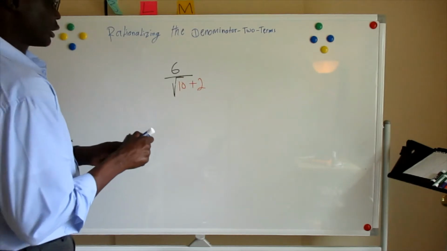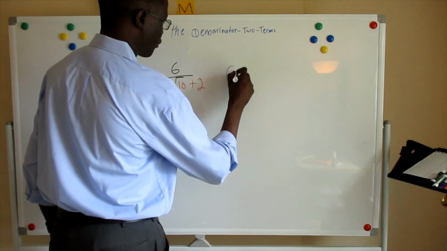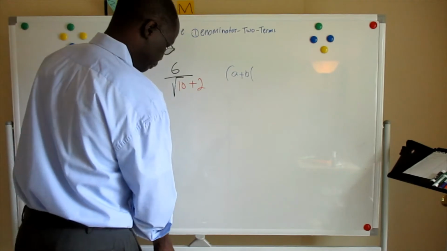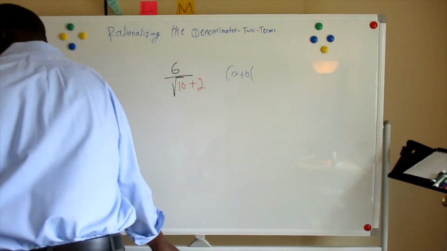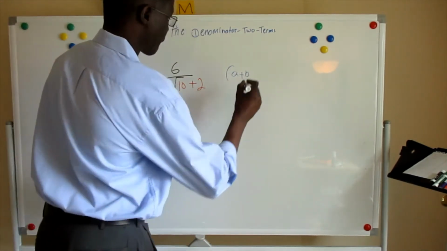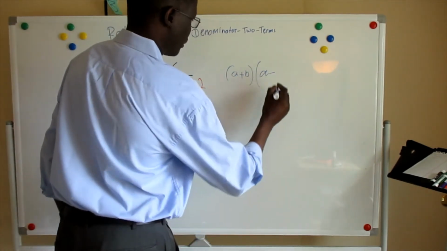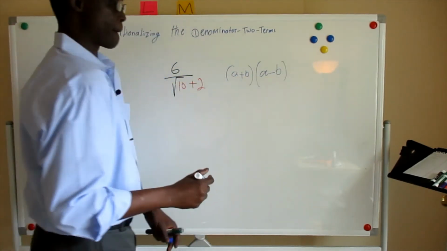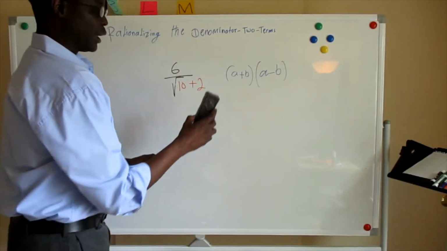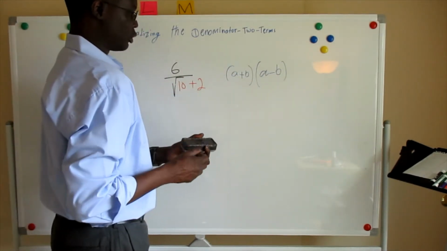What that means is we have a formula where A plus B times A minus B. And what do you get when you multiply those two?